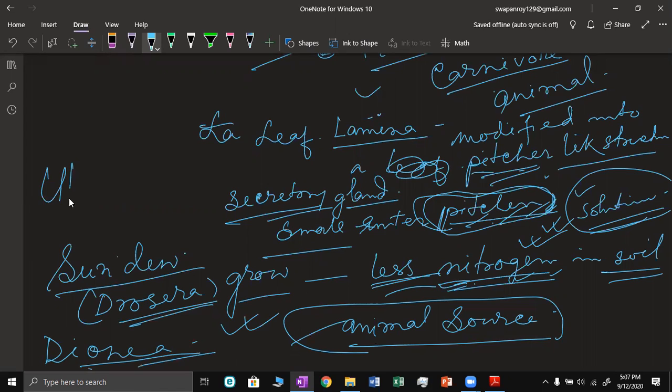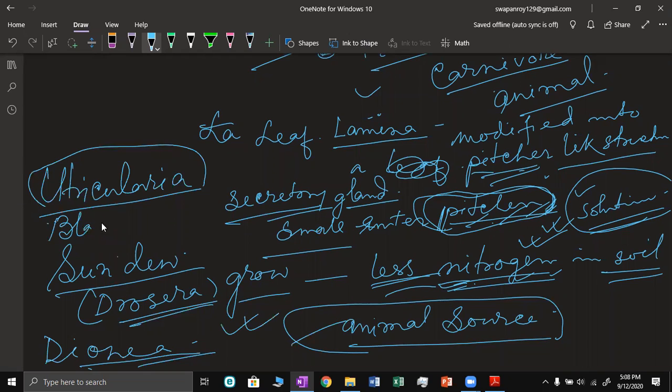It is known as Utricularia. In this, the leaf changes into a small bladder, like a football bladder. The common name of Utricularia is bladderwort.